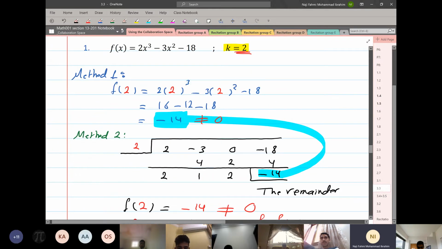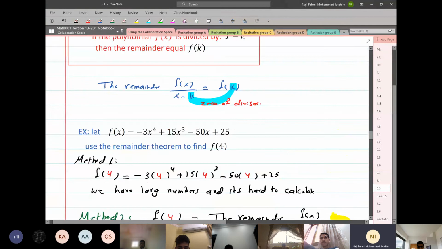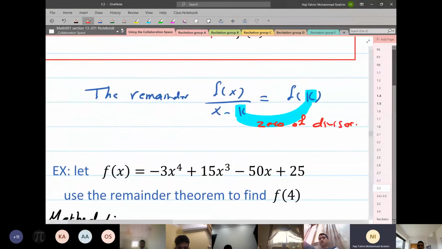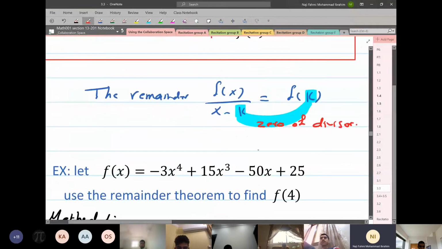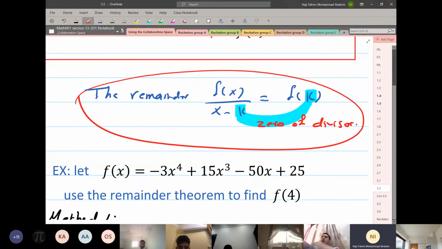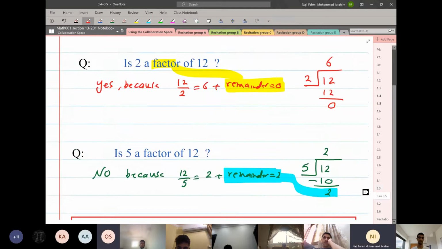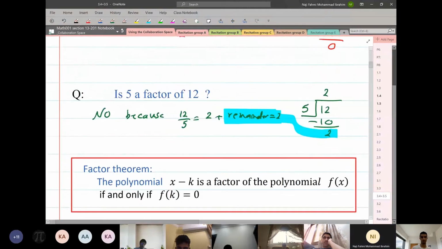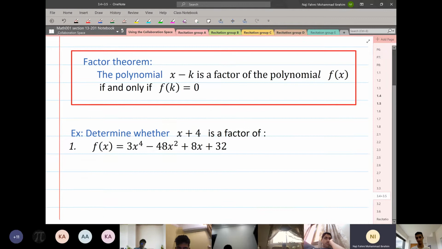To find the remainder there are two ways, either by division or by substitution. Again, if the remainder is 0, we say that it's a factor.